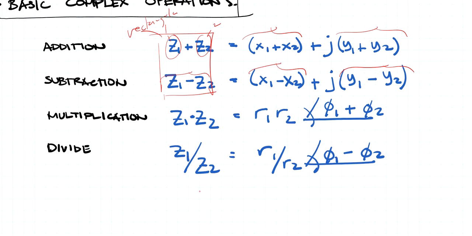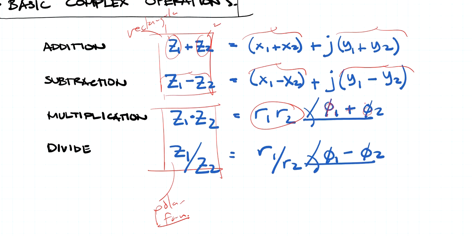For multiplication and division, this is in polar form. So z1 times z2 means we just multiply the radius, or the magnitude, of the two complex numbers, and then for the angles, we just add the angles.